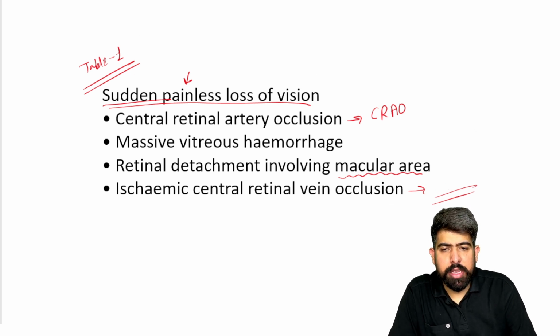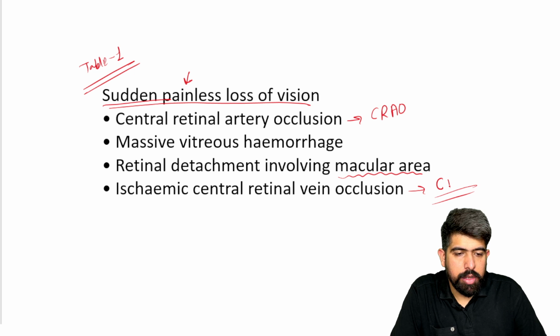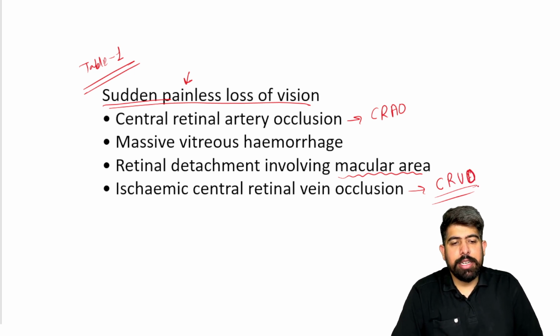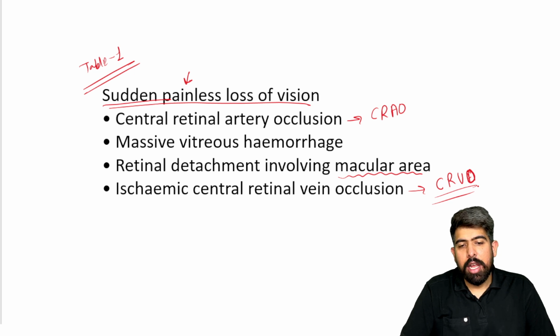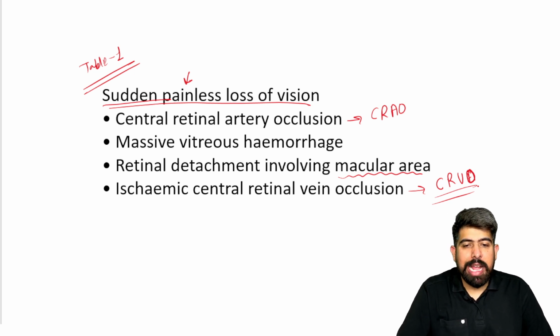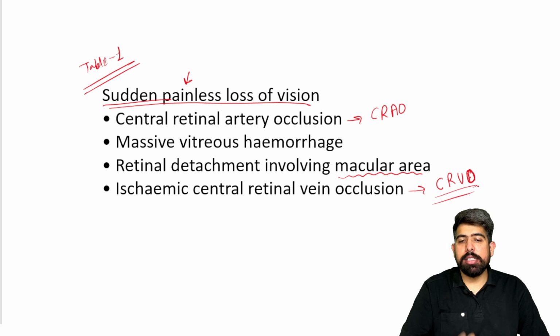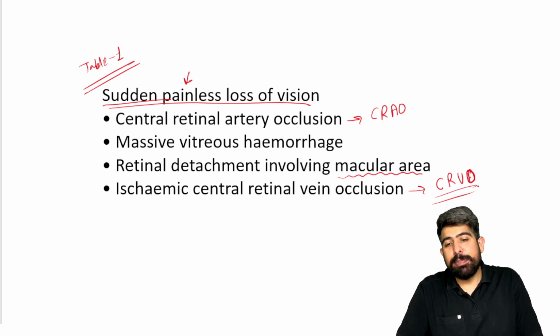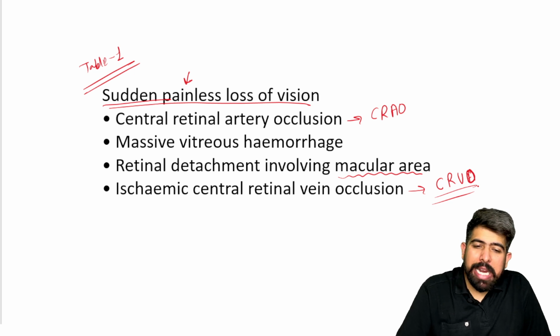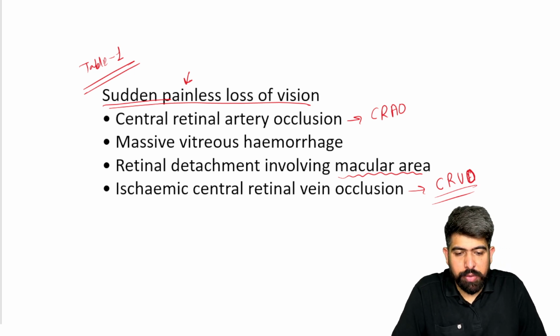CRAO, central retinal artery occlusion, and central retinal venous occlusion: both have sudden painless loss of vision, and massive vitreous hemorrhage and retinal detachment involving your macular area will also be painless. Please remember the painless loss of vision.